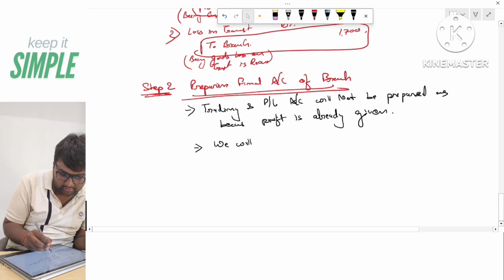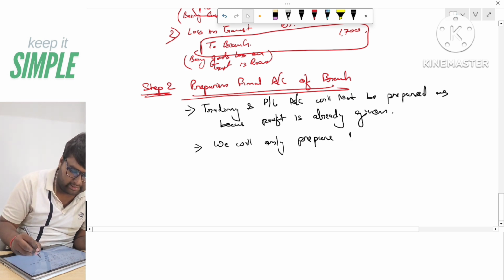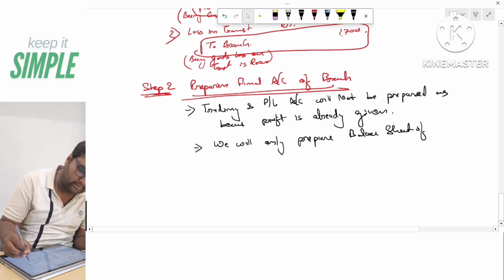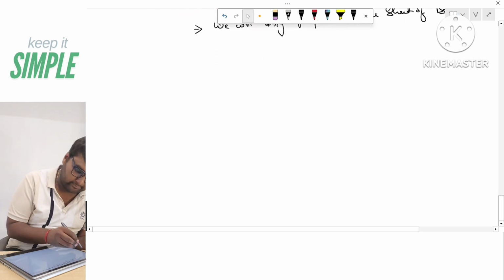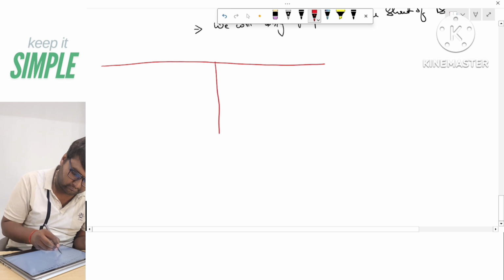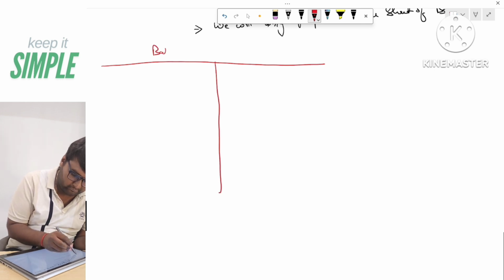We will only prepare balance sheet of branch. Correct? Chalo, let's prepare the balance sheet of branch.